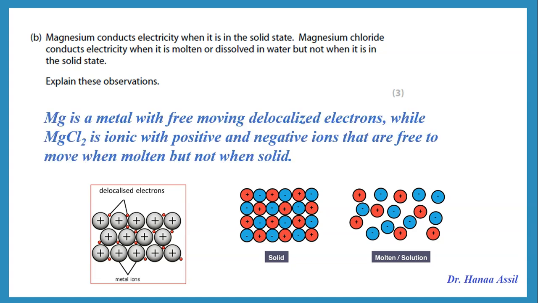So you should realize that a metal like magnesium has free moving delocalized electrons, while an ionic compound like magnesium chloride has positive and negative ions that are free to move when molten. But when solid, they are fixed in a 3-dimensional crystal lattice, so they're not able to move.